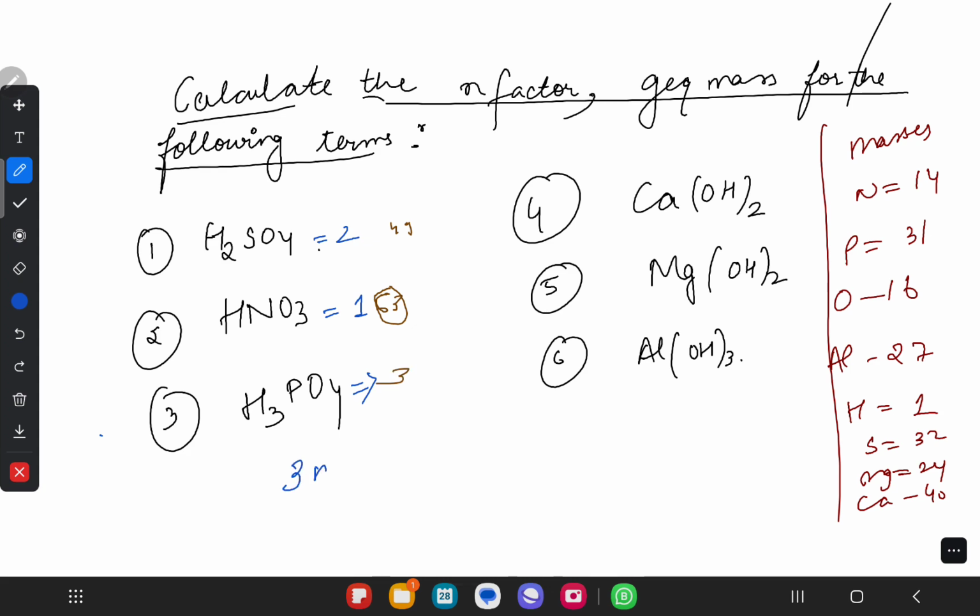So that basically means that for 3 moles of electrons, we have 98 grams of H3PO4. So the gram equivalent mass is 98 by 3.